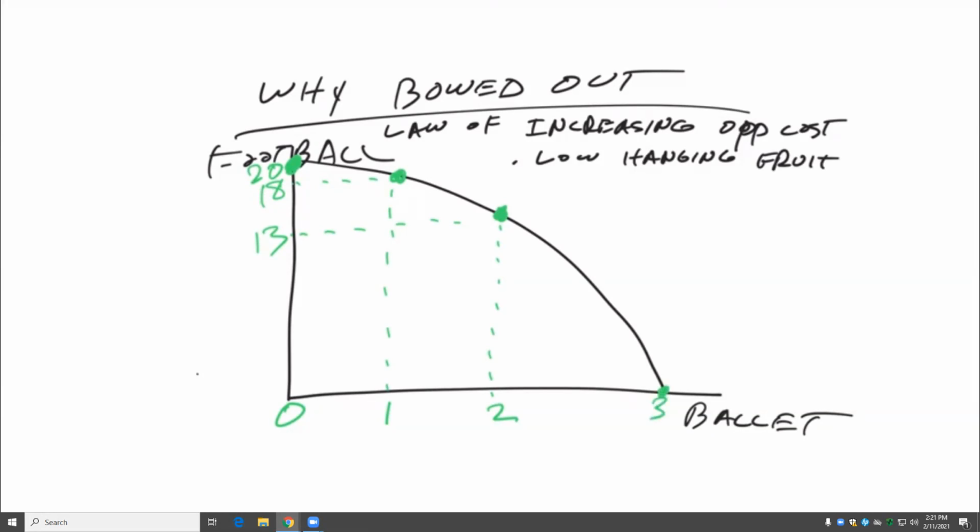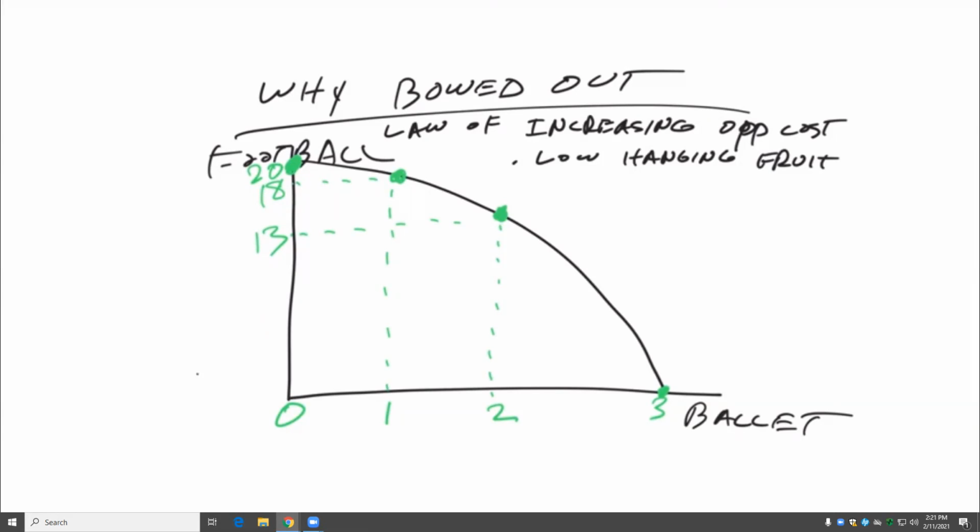And, of course, to get the resources to go to that third ballet, from here to here, we're going to have to give up the rest of our football resources. Now the third ballet, what's the opportunity cost? You go from 13 down to 0 football. That third ballet is costing us 13 units of football.